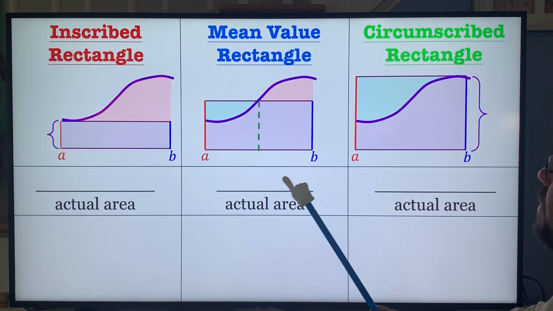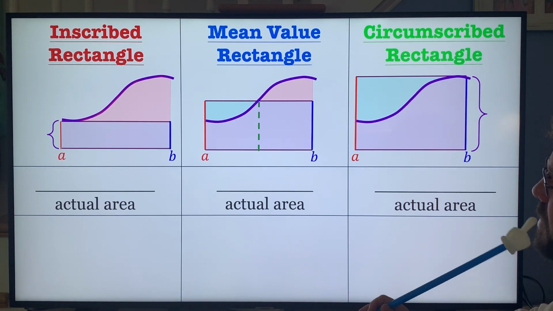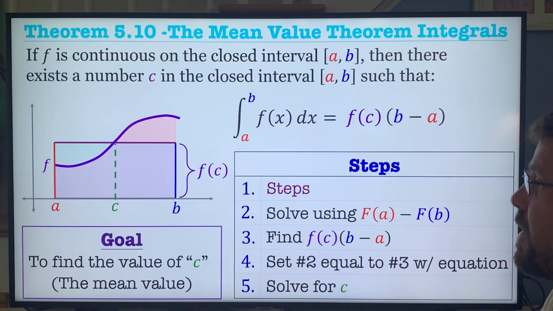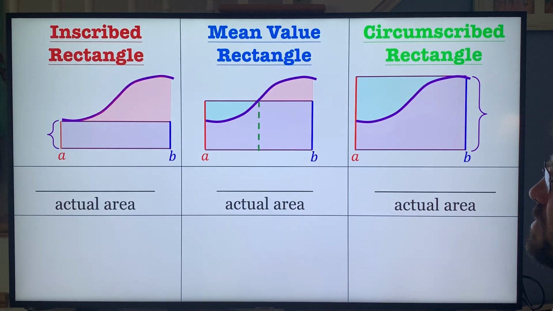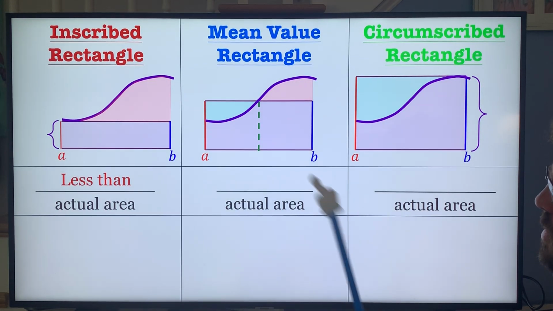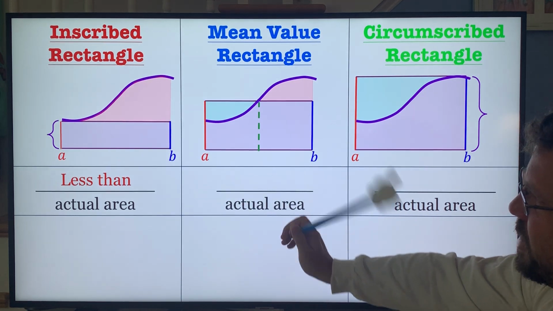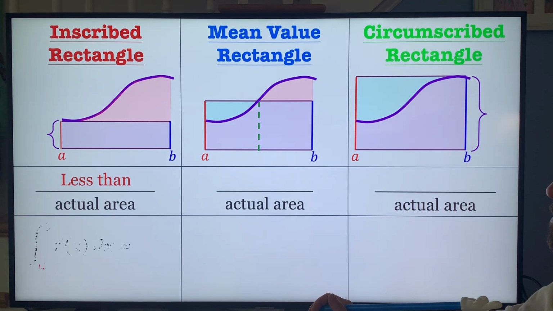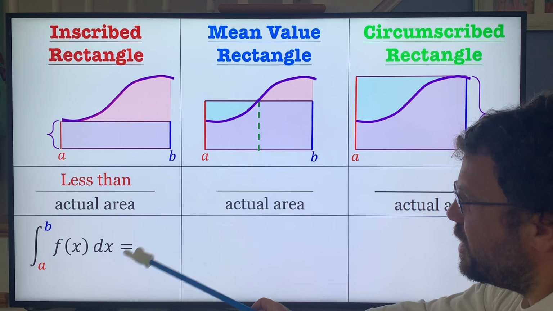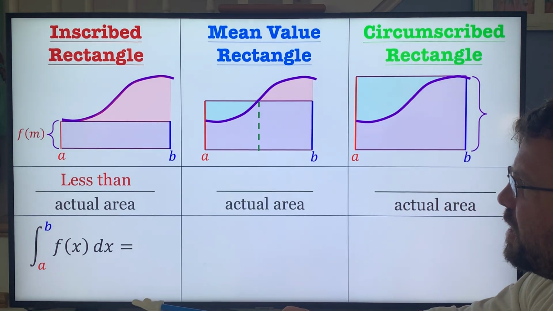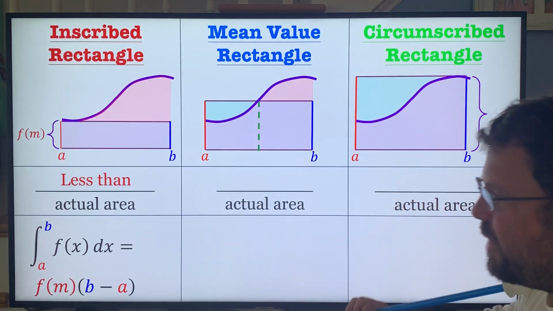Let me explain this to you real quickly. You have an inscribed rectangle. We did this before, right? This is like 5.2. That's a little bit less than the actual area, right? That's when we used our integral from a to b, and that equaled little f of m.